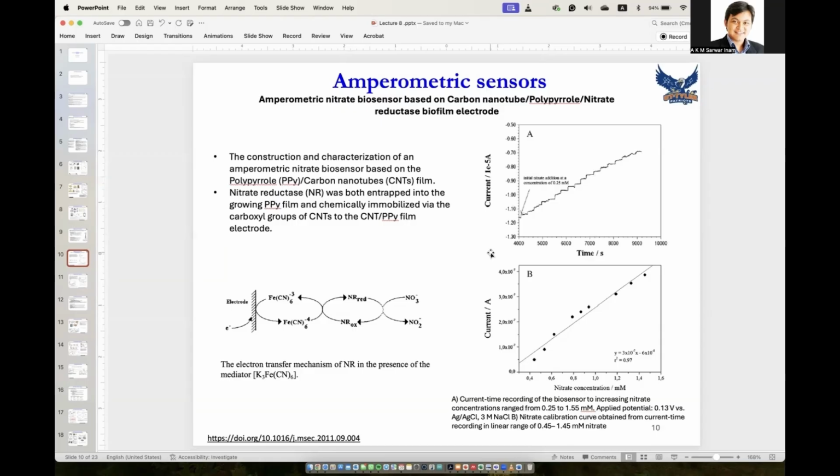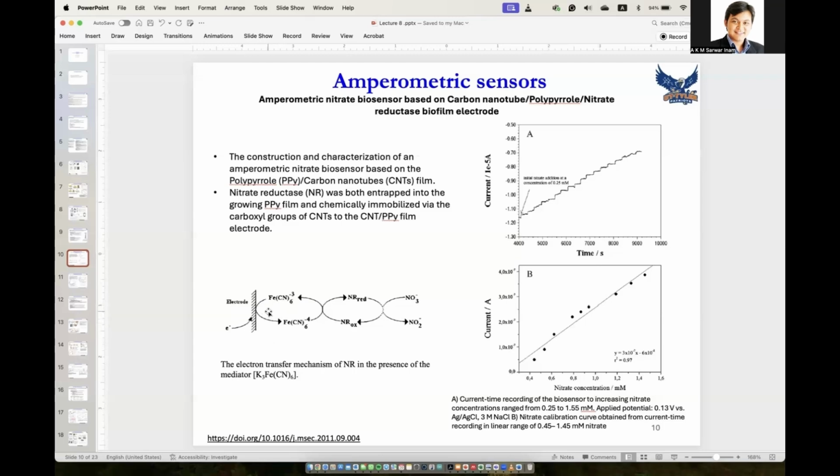Here the reduction of nitrate reductase to its native form is conducted by electron capture of the oxidized nitrate reductase enzyme. So what is happening here? An electron is coming from the electrode.